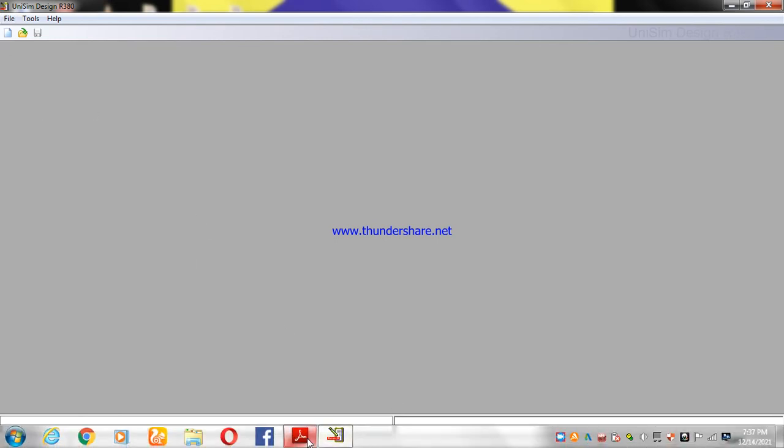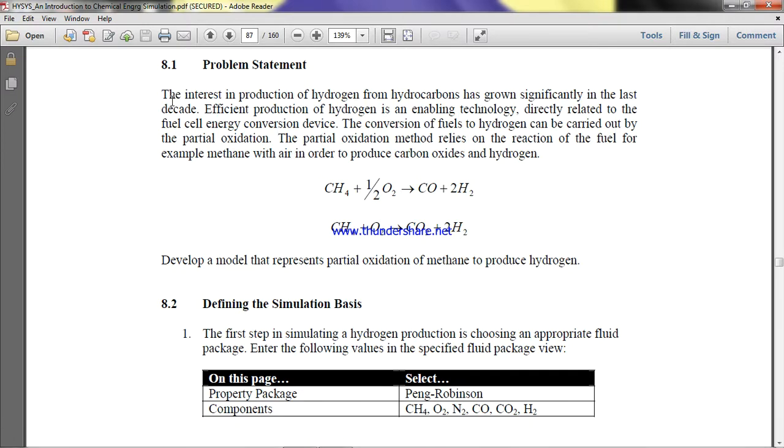Now let's look at a problem that we would solve. Now this problem is gotten from a work done by Hamid of the Process Control and Safety Group, Department of Chemical Engineering, University of Technology, Malaysia.